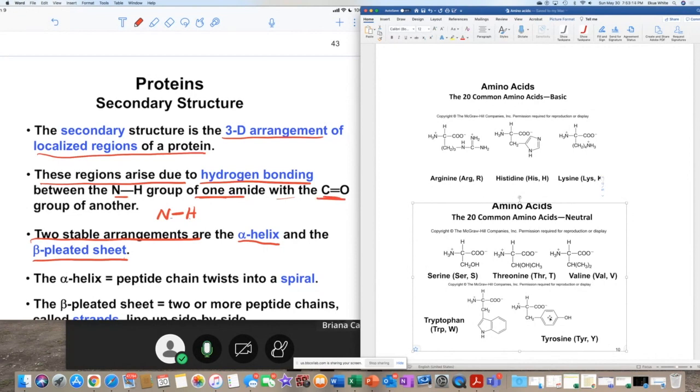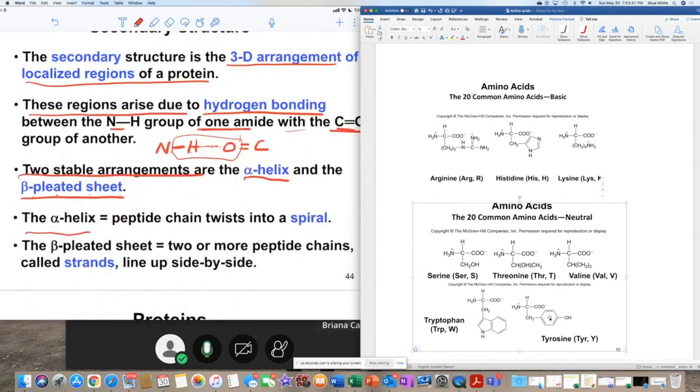So the NH group is trying to attach itself to the carbonyl group. So the H tries to attach to O. And when this happens, kind of like with a DNA molecule, the 2 strands of pearls begin to coil around each other. And you have the alpha helix coil and the beta pleated sheet.